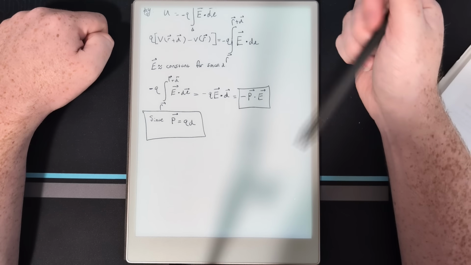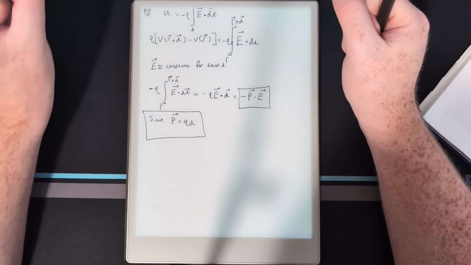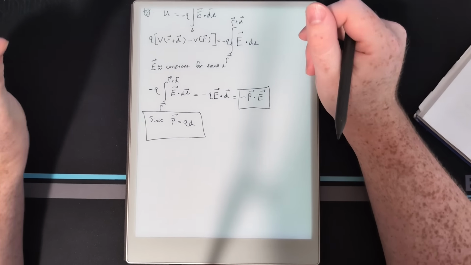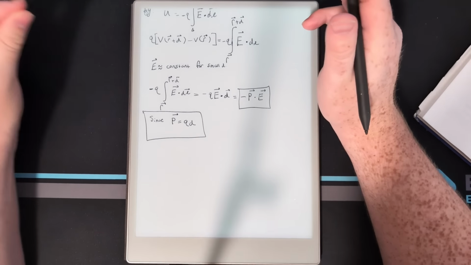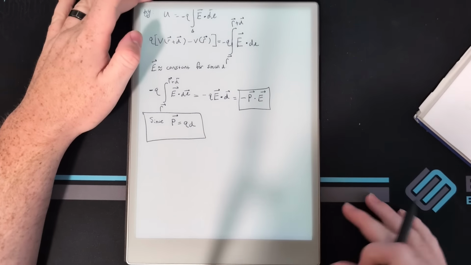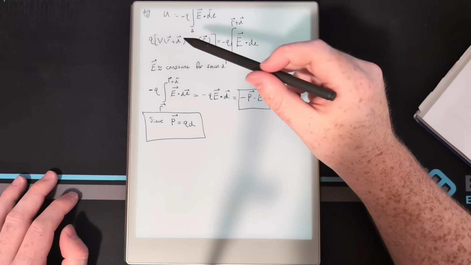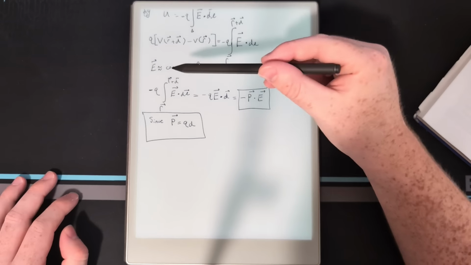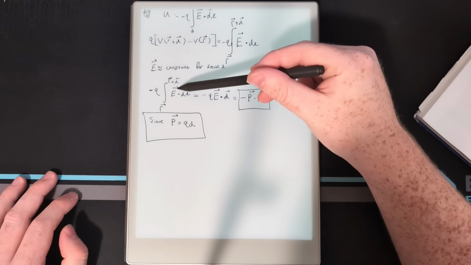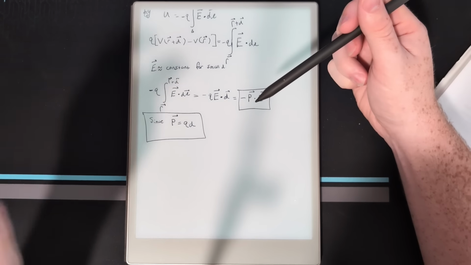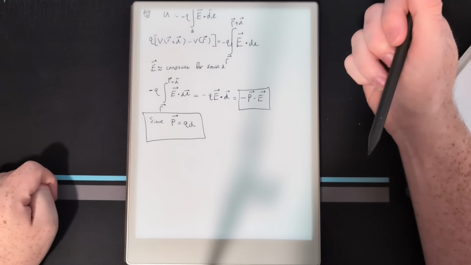Now, if we assume that our separation distance is small enough, and we're talking really small here, dipoles are pretty small, then we can assume that our electric field is just constant along our path, along the path integral.